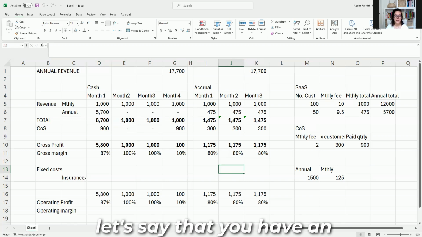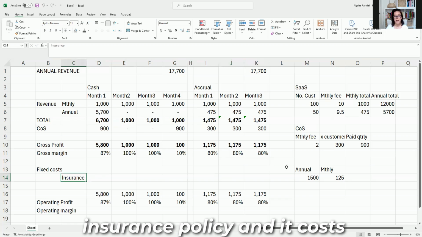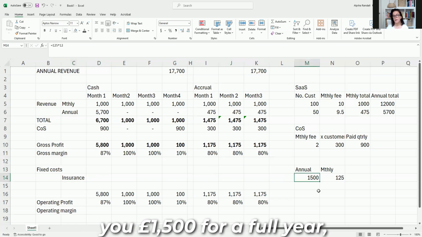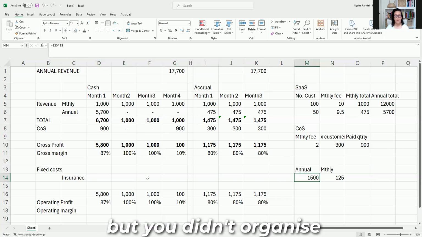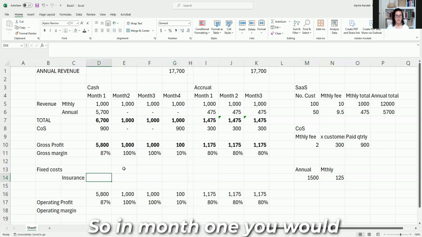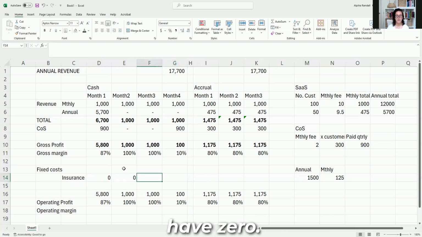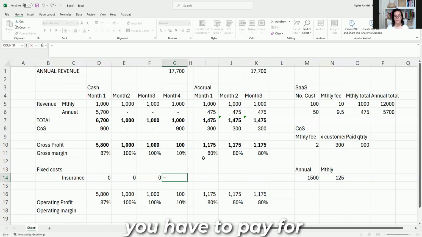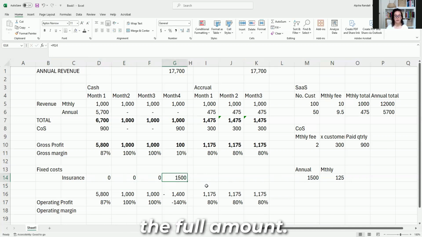Now, similarly, let's say that you have an insurance policy and it costs you £1,500 for a full year, but you didn't organize that until month 4. So in month 1, you would have 0, 0, and then in month 4, you have to pay for the full amount.